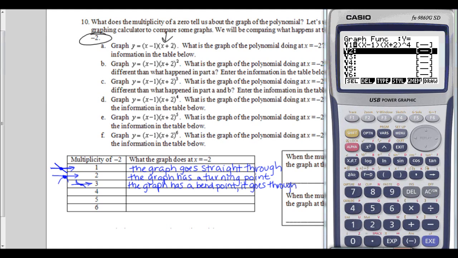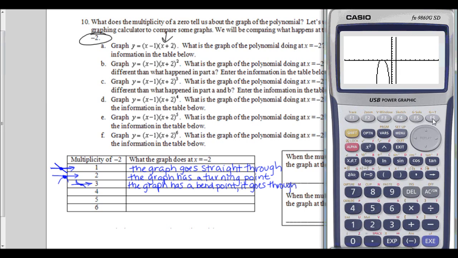Okay, how about if we graph the same factor to the 4th power now? If we make a graph that's to the 4th power, and I look at this 0 right here at -2, it looks like an upside down U shape. This is also a little bit flatter of a U. When I looked at the graph with the squared, the 0 is a little more rounded. This one's a little more squared off.